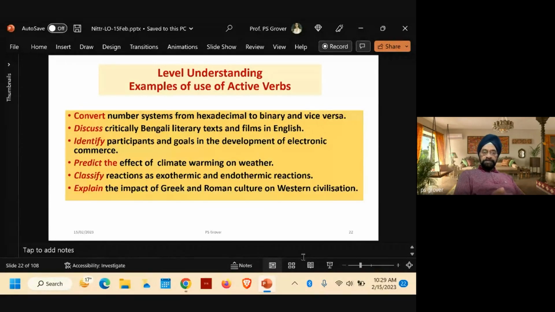Or let's take the example, predict the effect of warming on weather. He can predict this only if he knows and understands what the effects of weather are. Classify reactions. Which means in order to address his learning at the understanding level, we use the verbs from the table which I have indicated earlier.